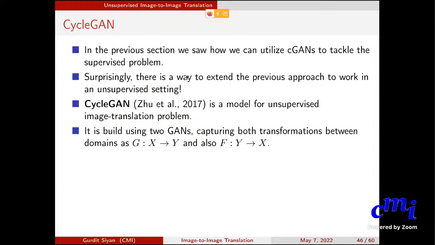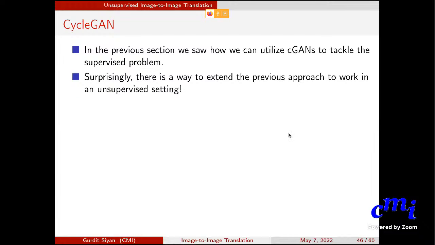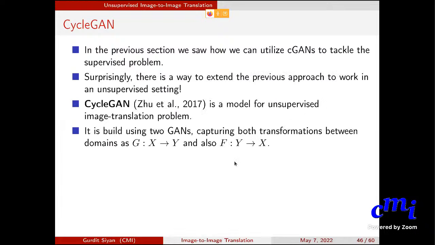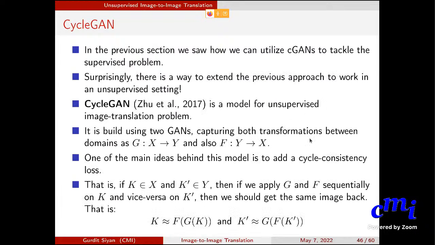So this method was proposed in the CycleGAN paper in 2017. It basically builds up two GANs, capturing transformation between both domain X and domain Y, G and F. And this model has a cycle consistency loss. So basically, the issue with just using GANs is that it sometimes generates only one sample for the Y domain.